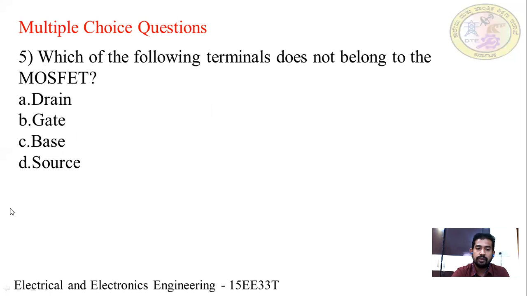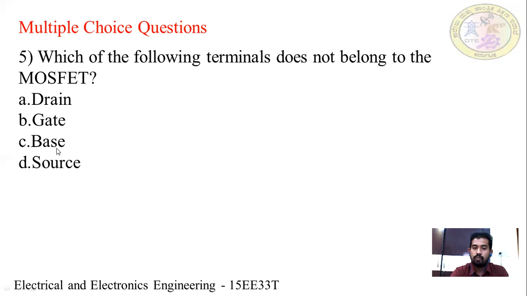The last question, that is the fifth question. Which of the following terminals does not belong to the MOSFET? The options given are: option A, drain; option B, gate; option C, base; option D, source.